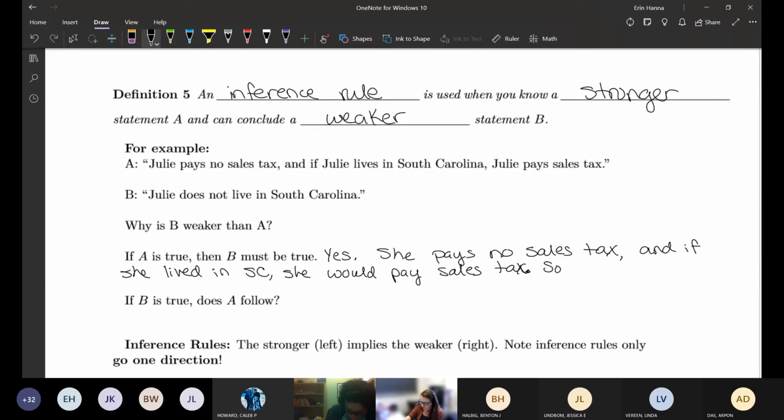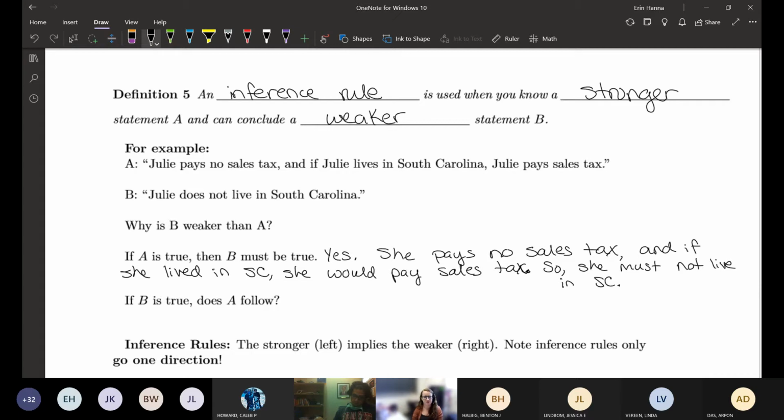So she must not live in South Carolina. Essentially, we're told she pays no sales tax, and we're also told if she lives in South Carolina, she would pay sales tax. So if she doesn't pay sales tax, she must not live in South Carolina. I don't know where she lives, but she doesn't live in South Carolina. So if we know that A is true, we also know that B must be true.